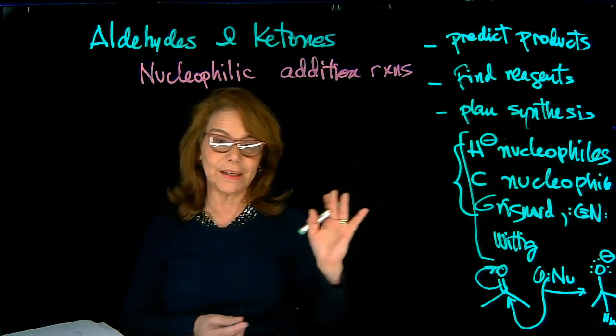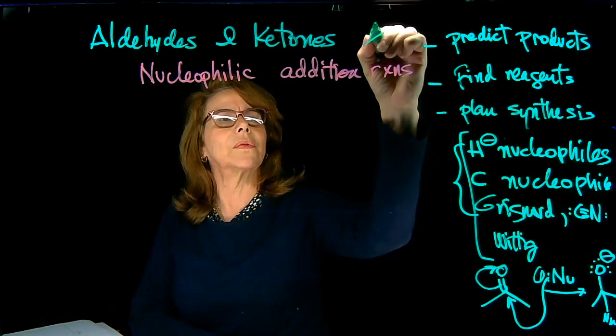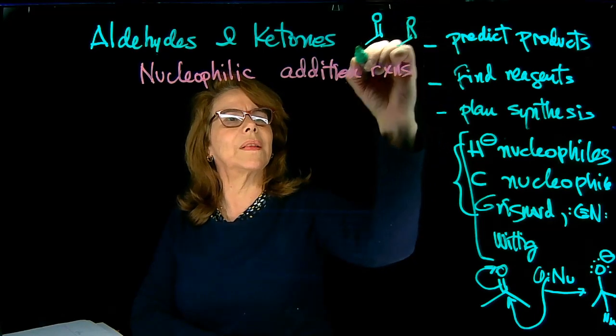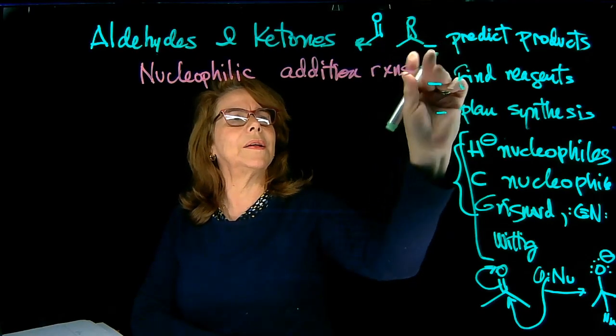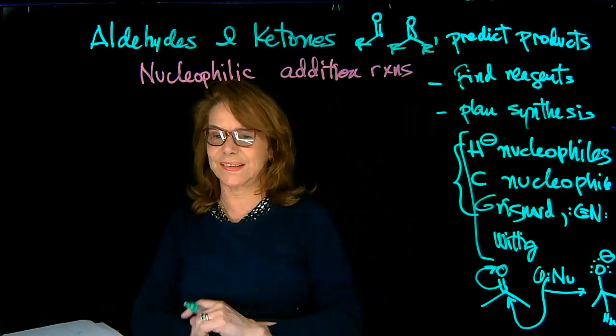Now we're going to be studying other types of nucleophile over aldehydes and ketones. So let's draw an aldehyde, and that's R. And for ketones, we will have R prime, let's say.